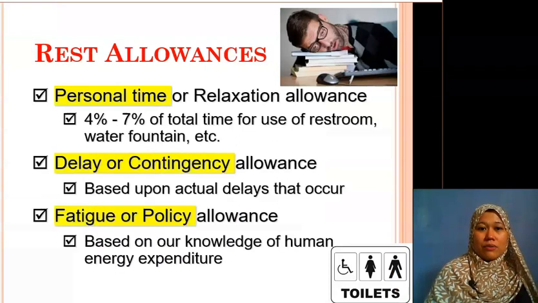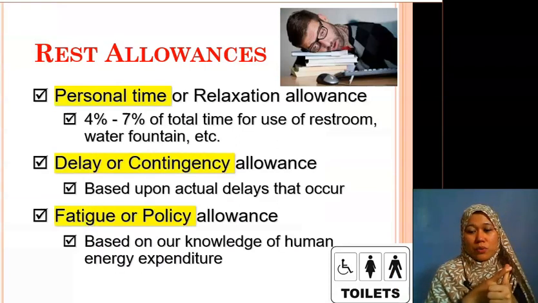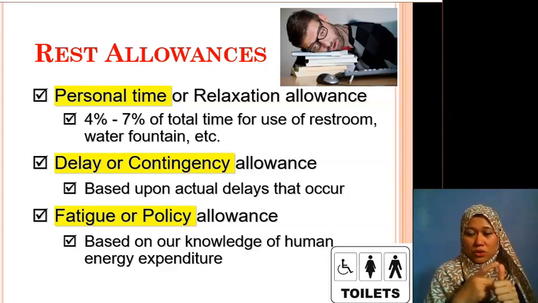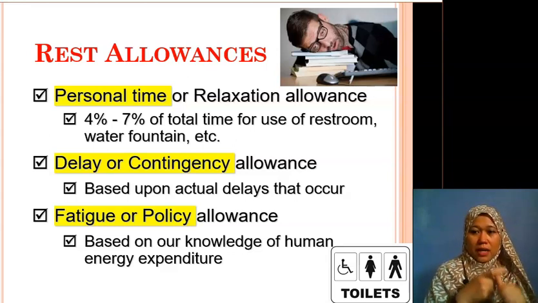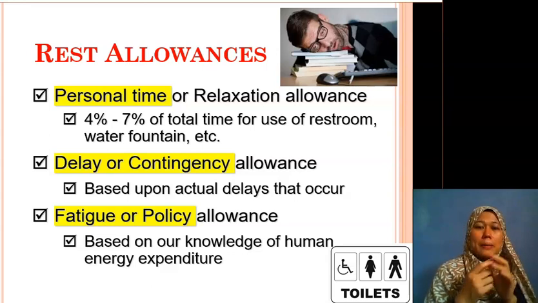Okay, rest allowance includes personal time. We are human beings, so we need personal time for a break, for using the toilet, maybe like a 5-minute break for the water fountain or to drink water. And also there's allowance for delay or contingency.